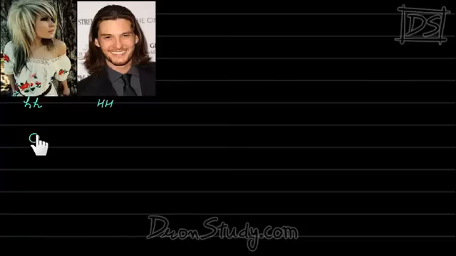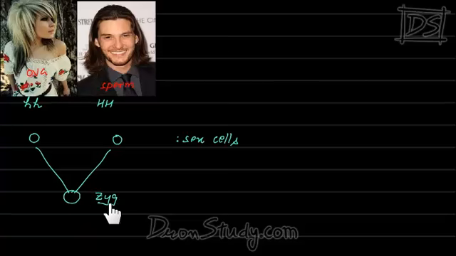Now, one sex cell from each male and female comes. In humans, the female sex cell is called ova and the sex cell in male is called sperm, okay? So these two will come together and fuse into a different cell that is called zygote.